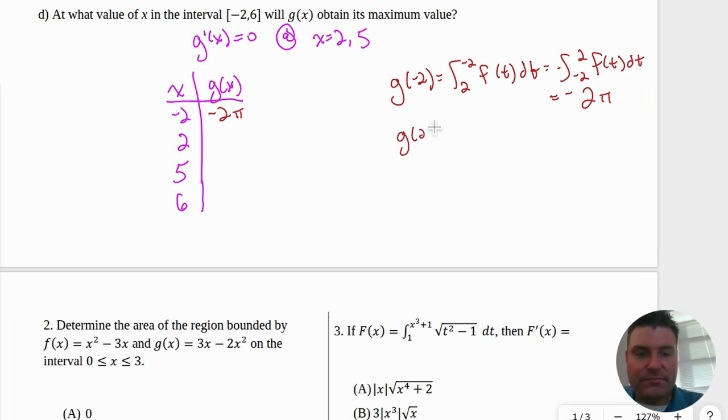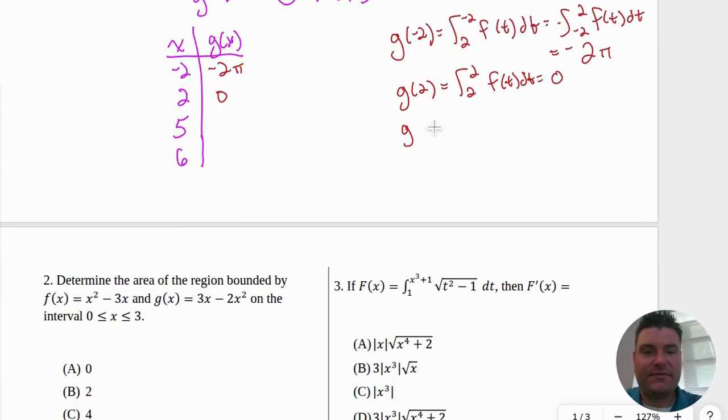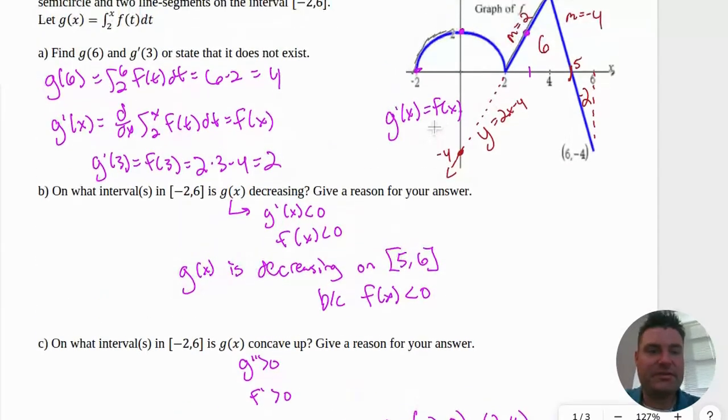G of 2. This one's really nice because we're going to integrate from 2 to 2 of f of t dt, and these are going to 0 out. So this is going to be 0. G of 5. Just kind of show you again where g of 5 is.